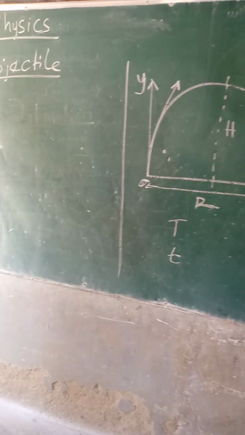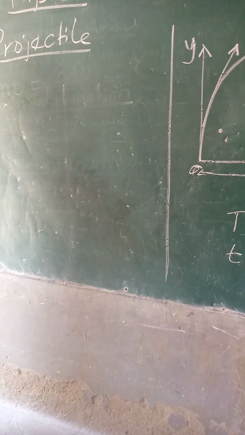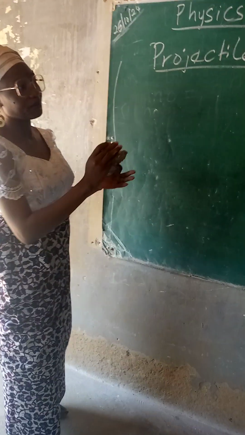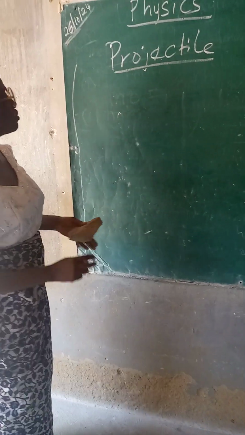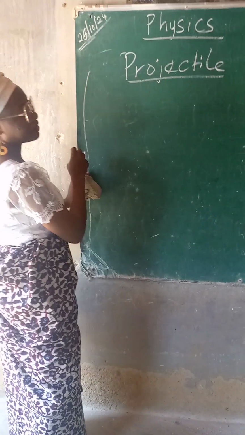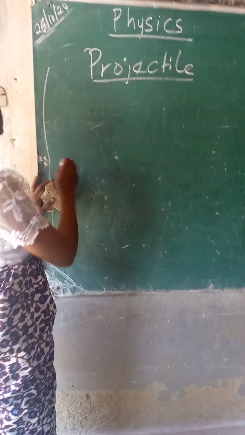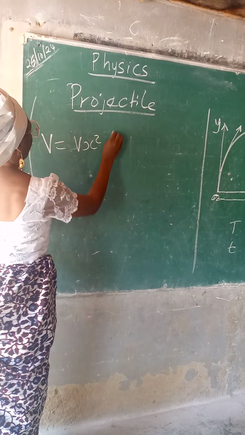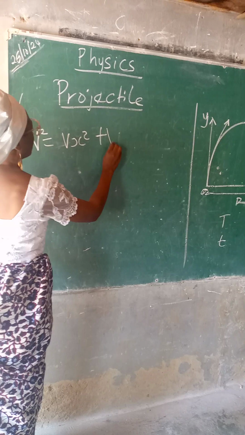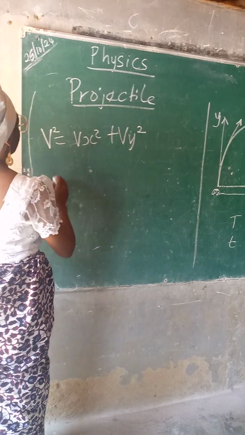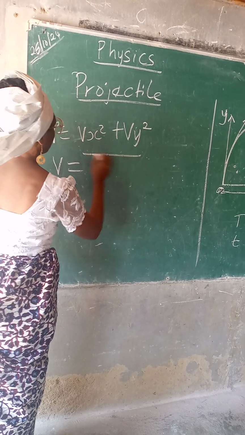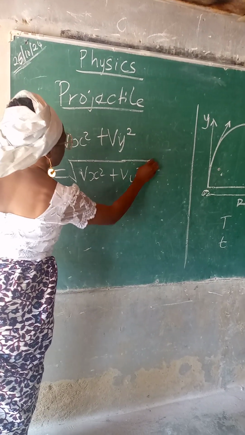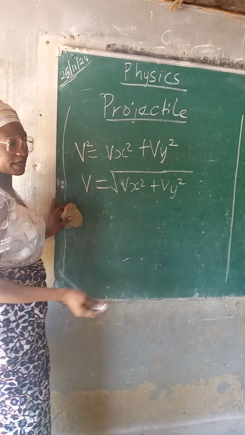Either way, if you have your diagram or a problem in this way, we use Pythagoras theorem to solve. To find the resultant, V squared is equal to Vx squared plus Vy squared. So V is equal to the square root of Vx squared plus Vy squared. How about the direction?